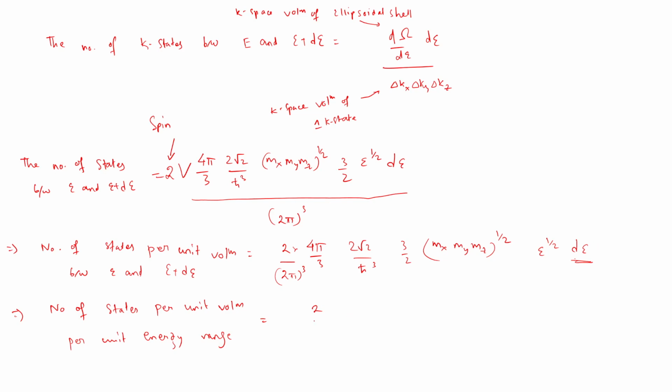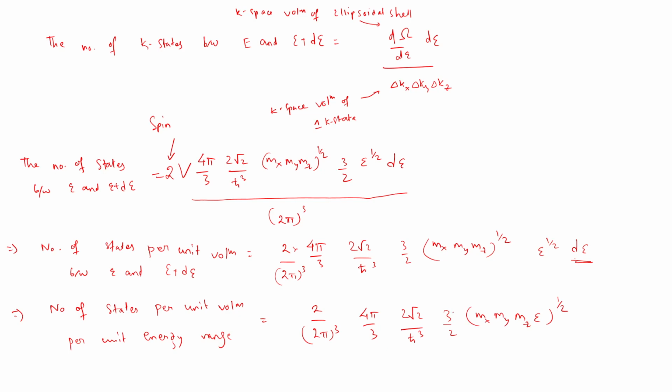If you take that factor out, you will be left with 4 pi by 3, 2 root 2 over h bar cube, 3 by 2, mx my mz, this to the power 1 by 2.